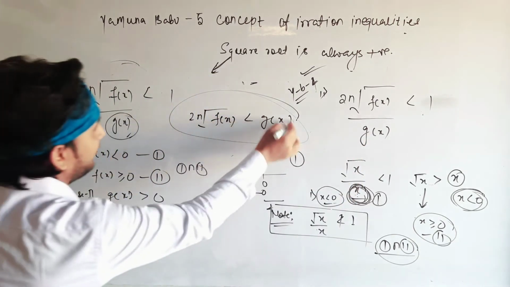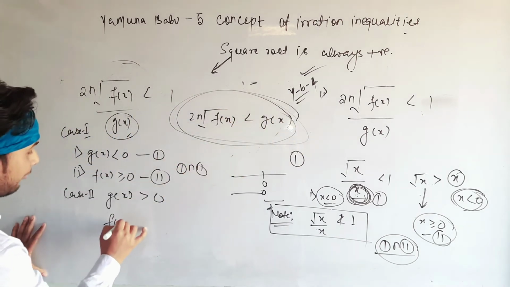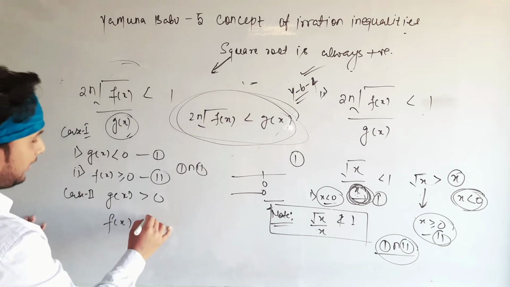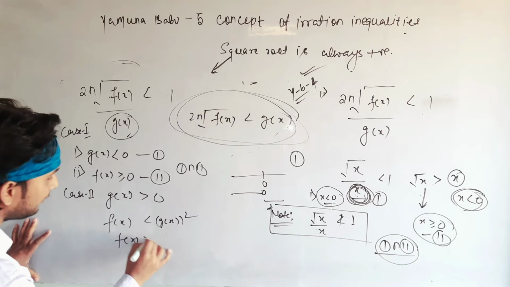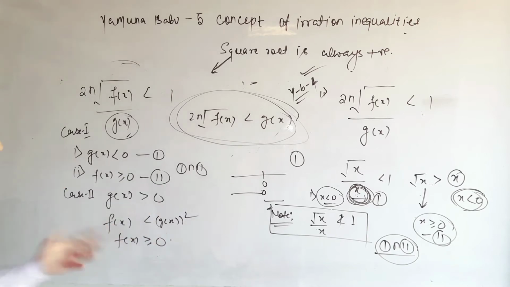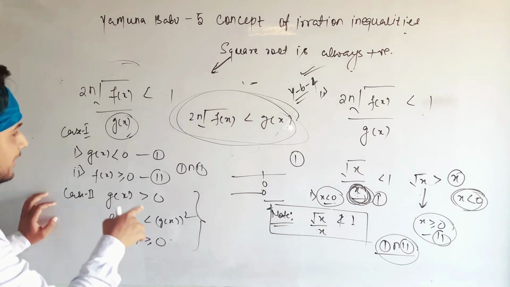What is the condition of this inequality? That g(x) is greater than 0, then you apply squaring on both sides, f(x) less than g(x) whole square, and the third condition is f(x) greater than or equal to 0. Okay, we have already read it. This is the YB concept number 2.